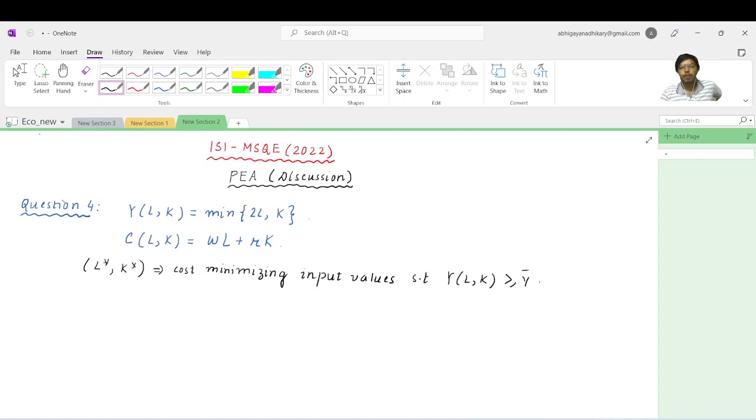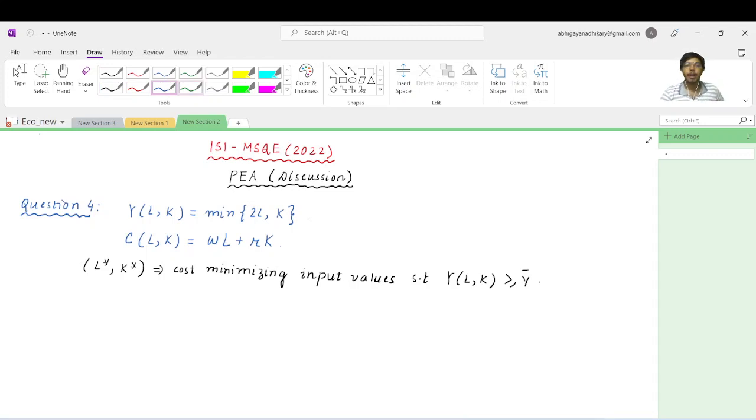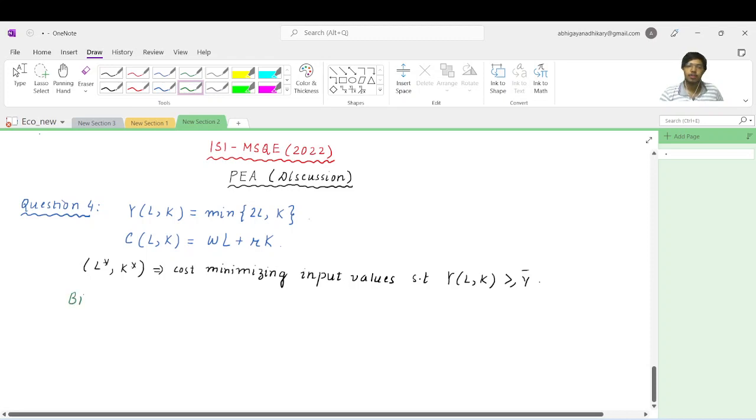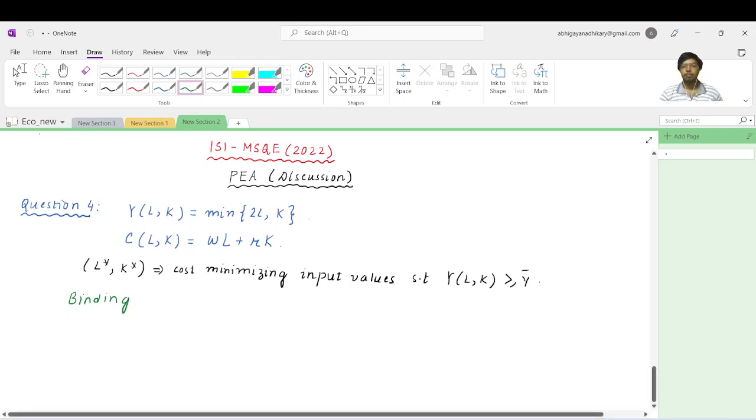Now naturally, for cost minimization, let us first understand this. This is my constraint. If the constraint is binding, what will happen? You can understand one thing: the more you increase your level of production, the higher will be your level of cost. So naturally the constraint has to be binding for cost optimization.